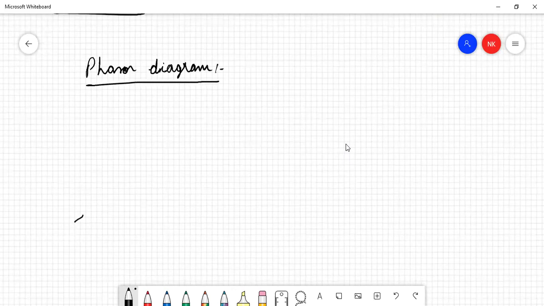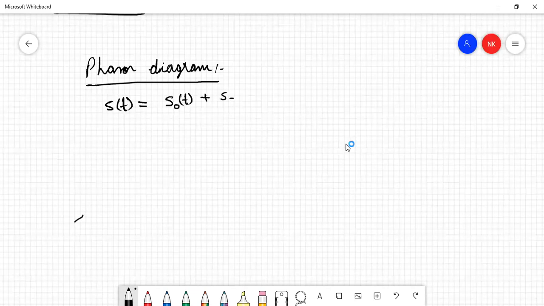So the signal s(t) is equal to the odd part plus the even part. What is the value?